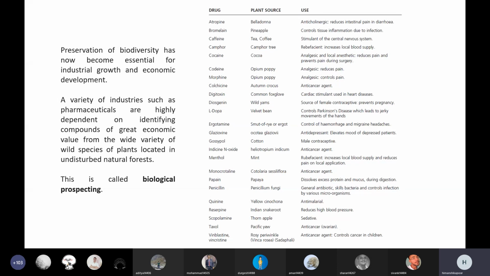And can you see vincristin and vinblastin in the table? So these were the first drugs which were used in chemotherapeutic regimens for cancer. तो ये plant से ही आए थे. We have Catharanthus roseus or Vinca rosea, which is also known as Sadabahar plant.